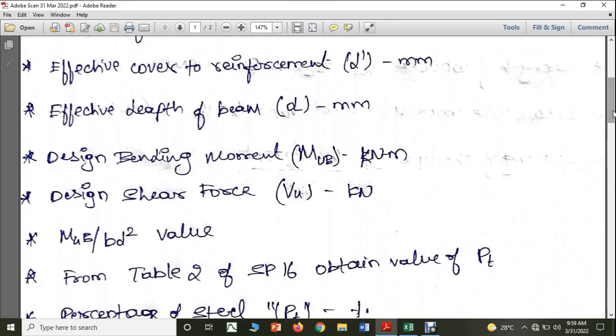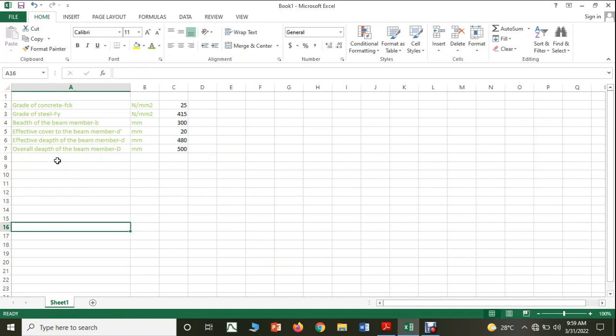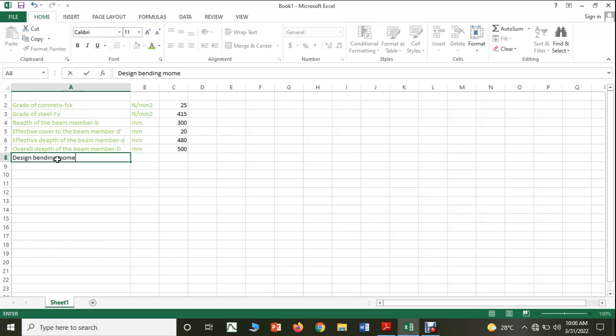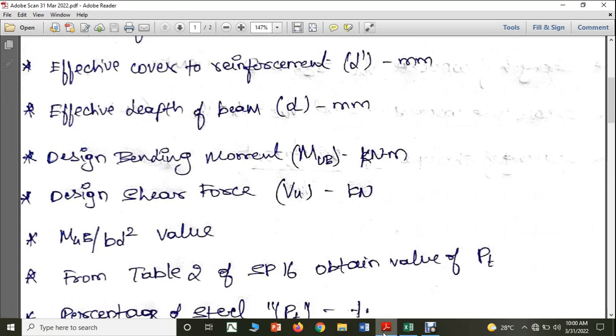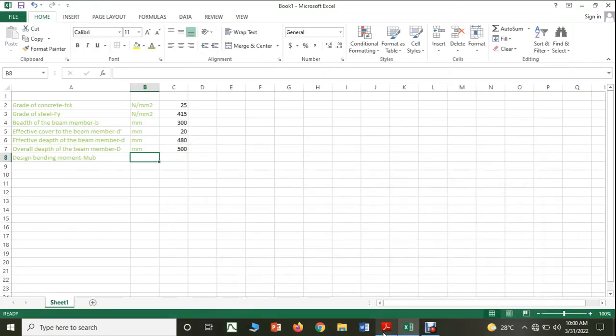The next we'll be having is the design bending moment to which the beam has to be designed. The design bending moment we give as MUB, and let us keep the unit as kilonewton meter.